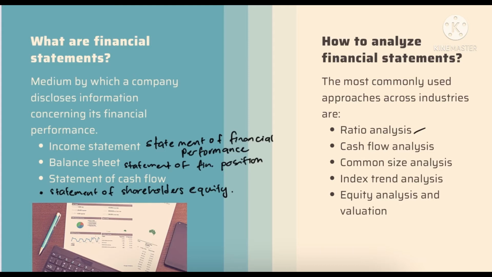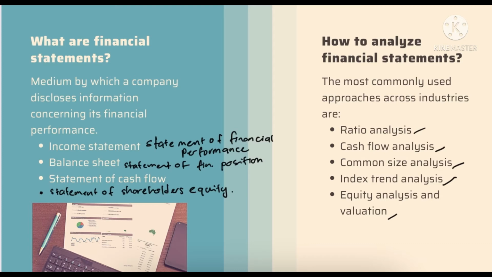Next, we can do the cash flow analysis, the common size analysis, index trend analysis, and equity analysis and valuation. For equity analysis and valuation, you have also learned it in FIN658, where you calculate the intrinsic value of the stock of a company and compare it with the market price to find the undervalued stocks.